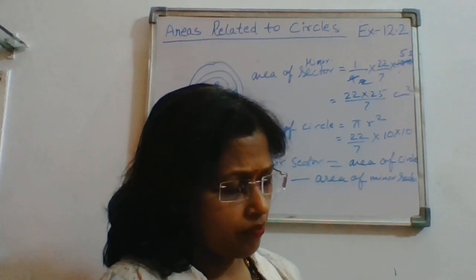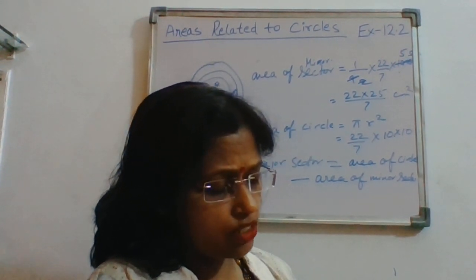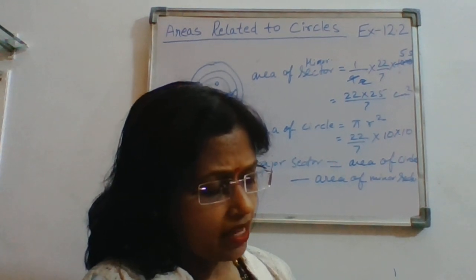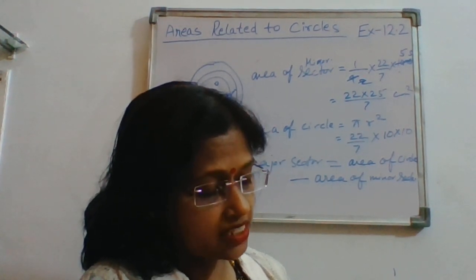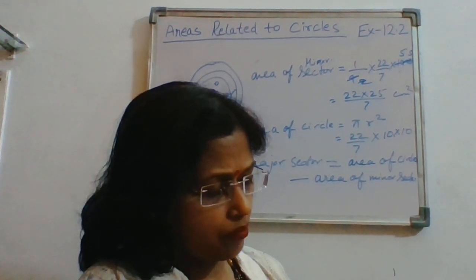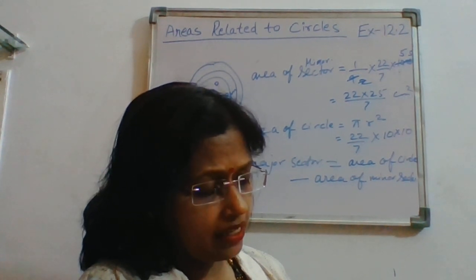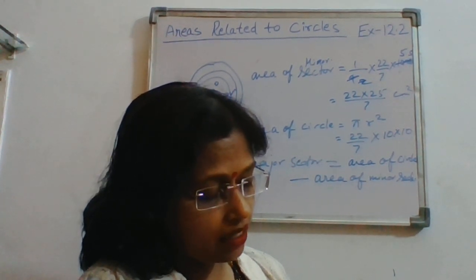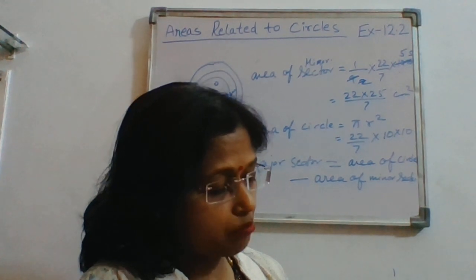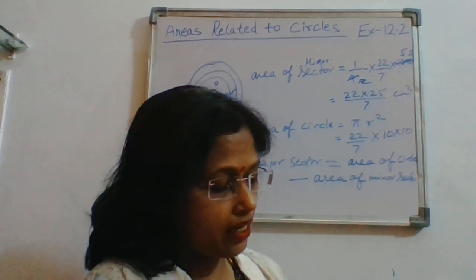In a circle of radius 21 centimeter, an arc subtends an angle of 60° at the center. Find the length of the arc, the area of the sector formed by the arc, and then the area of the segment formed by the corresponding chord.